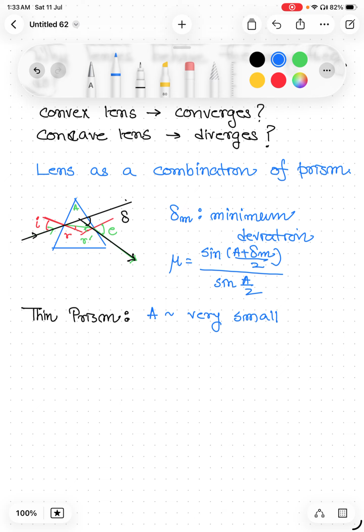Now I already know that delta equals I plus E minus A, and R plus R dash equals A. This is true for any prism.